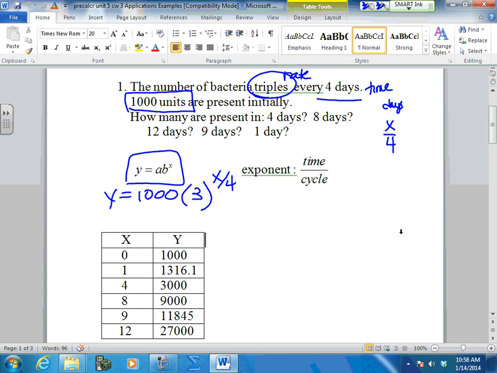So my time cycle is X over 4. Now, take your calculator and plug this into your Y equals. Be careful when you raise that value to the X over 4. If you have the old software, that has to be in parentheses. In other words, if you put it in like this, it has to have parentheses around it. Order of operation knows that this is an exponent first, okay?